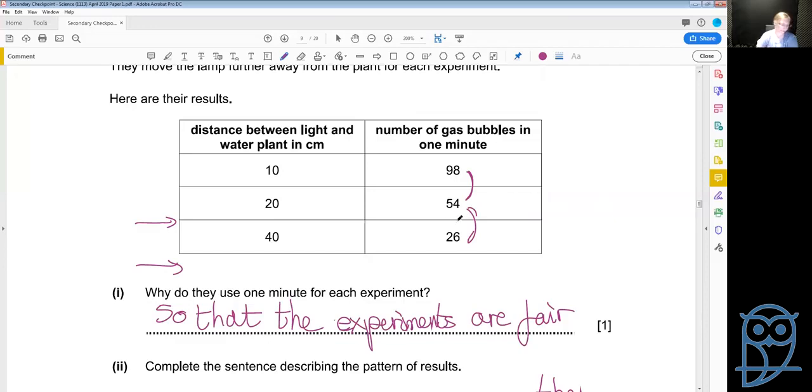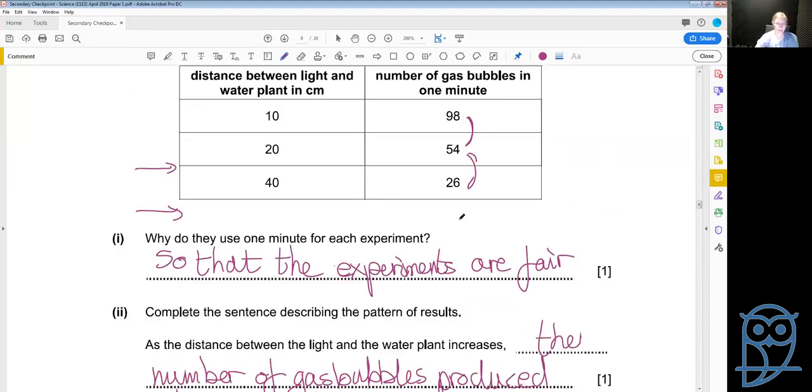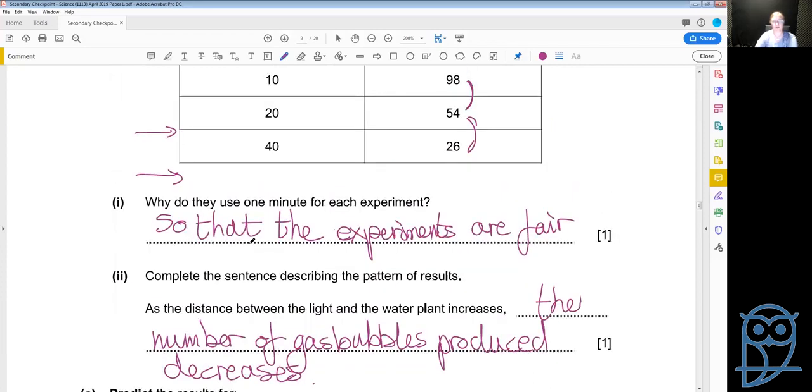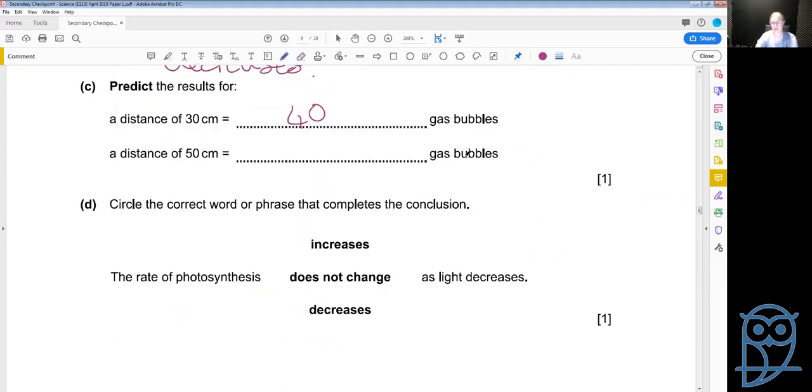Yeah, let's go with 40. So that will be about 40 gas bubbles at a distance of 30 centimeters. And 50 centimeters is even further than that, so as long as it's slightly less than this, let's go with about 15. As long as they can see that you know more or less where it would go, then they will mark it correct.